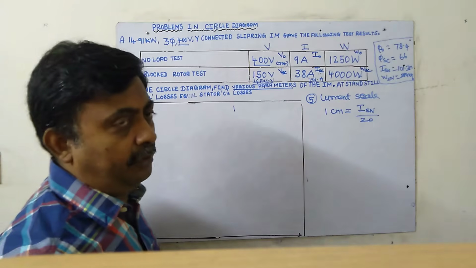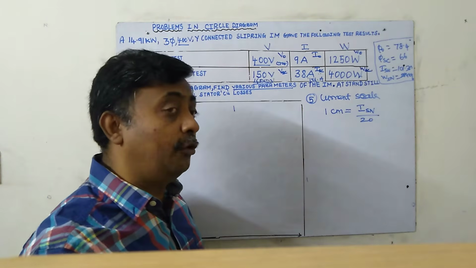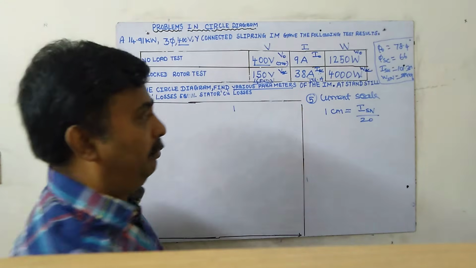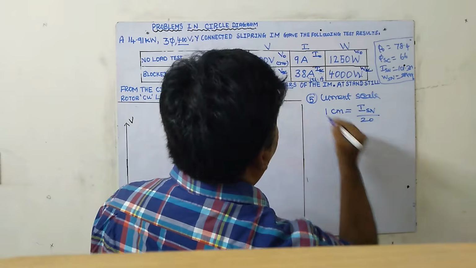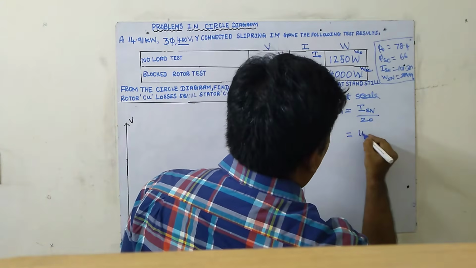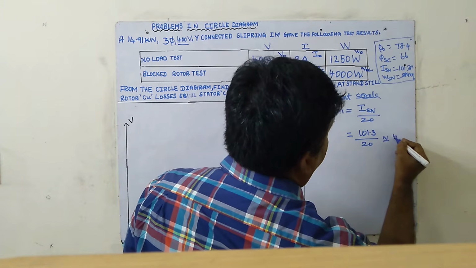So 1 centimeter equal to ISN divided by 20, because ISN is the current, a longer line we are going to draw. So ISN equal to 101.3 divided by 20, which is almost equal to 5 amps.